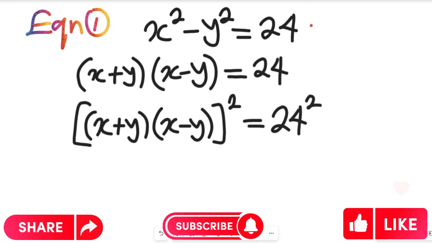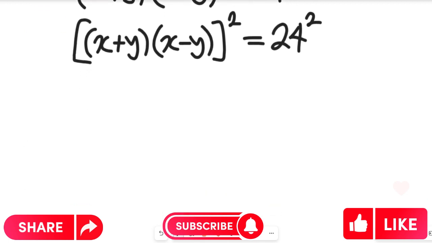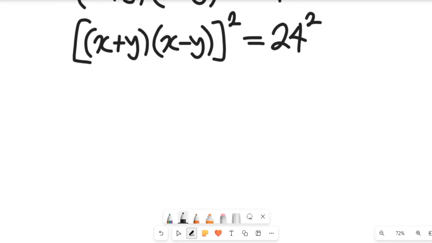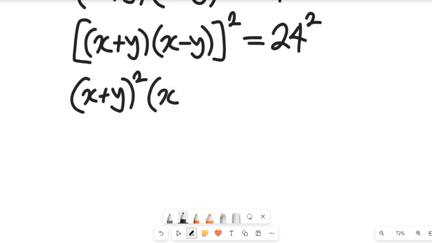These two expressions having one common square can now become x plus y all squared multiplied by x minus y all squared, equal to 24 squared.